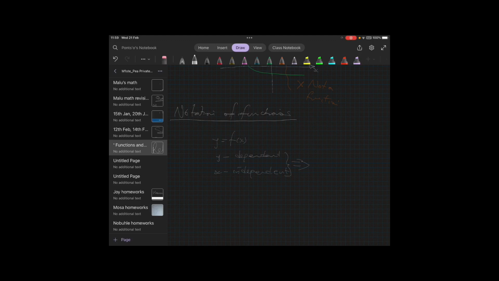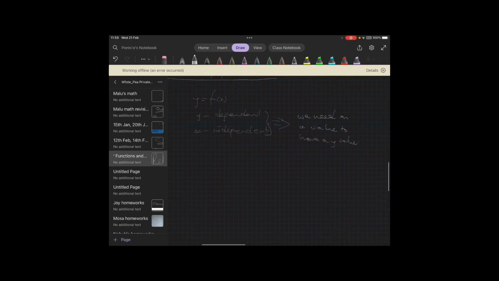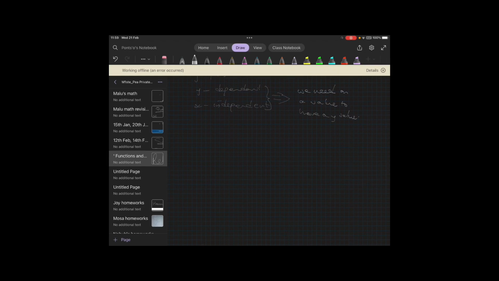This implies that we need an x value to have a y value. That's the long and short of it.